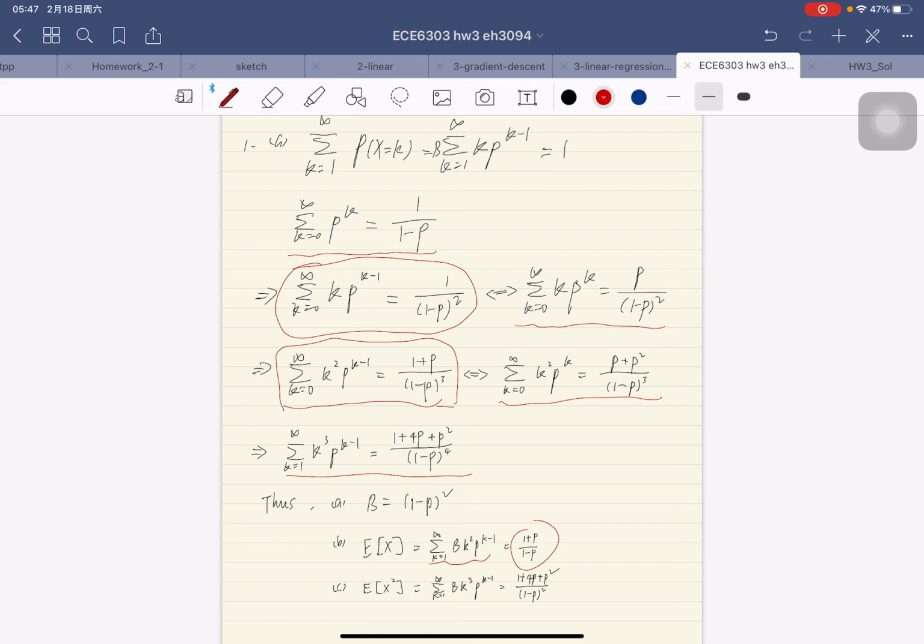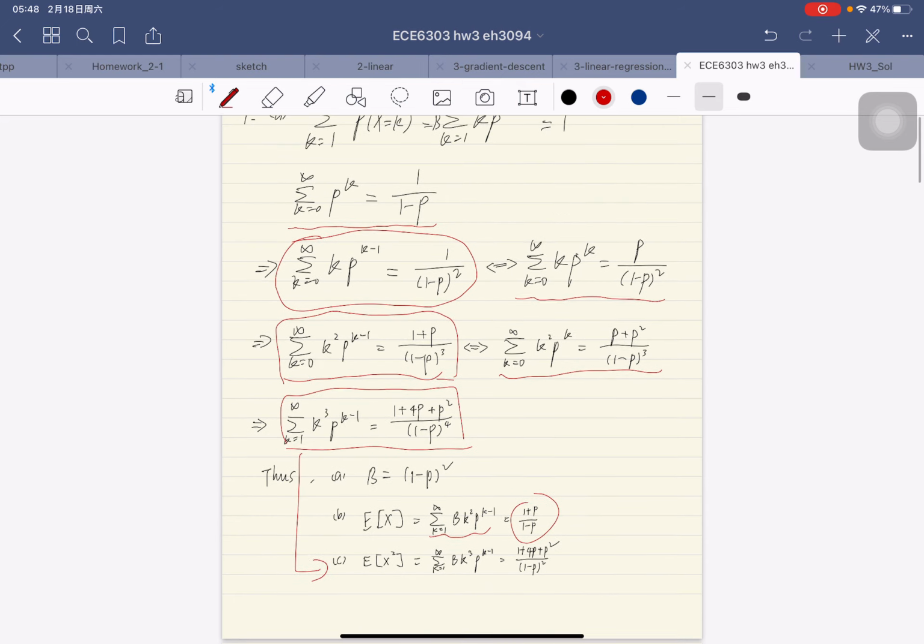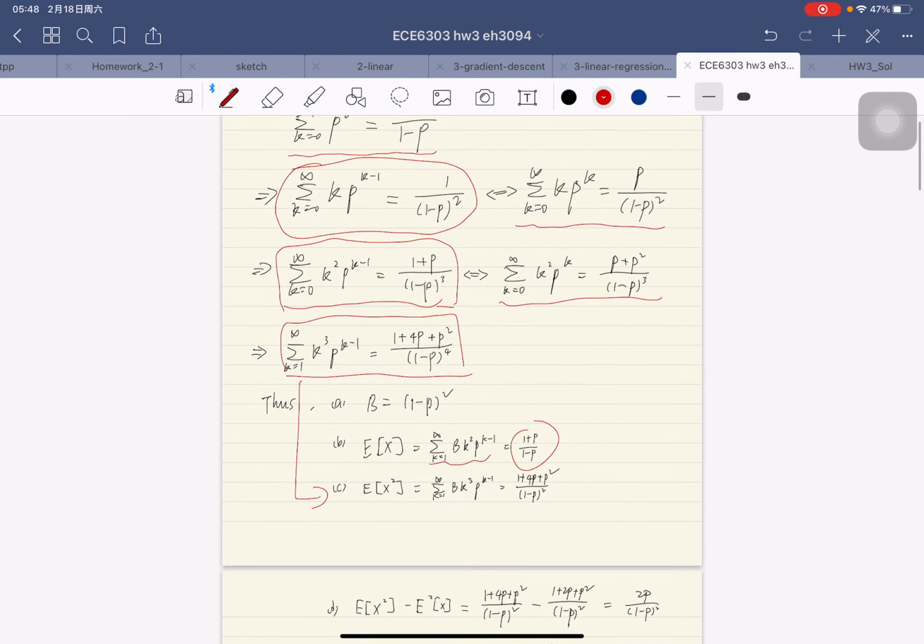And similarly, the expectation of X squared should be b multiplied by k to the power of 3 and multiplied by p to the power of k minus 1. And since this result, we will have the final result with b equals (1 minus p) squared.